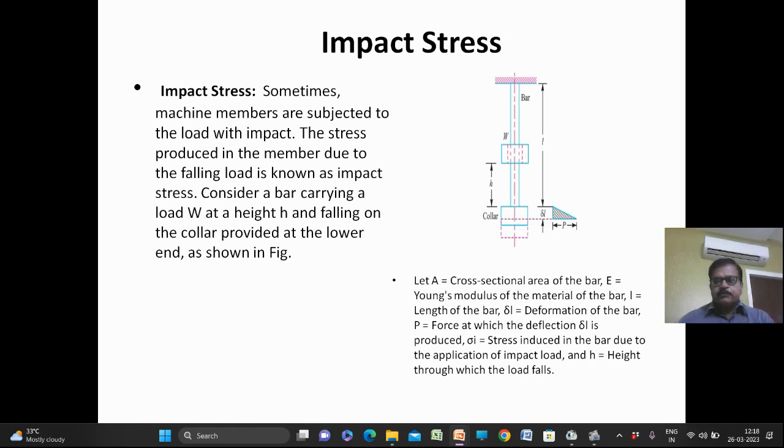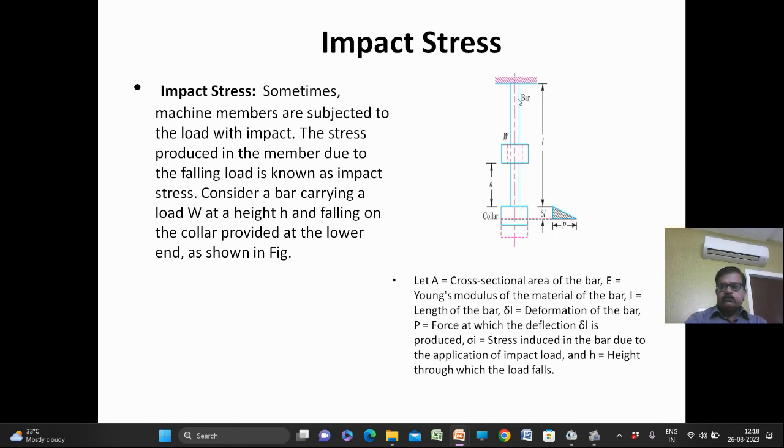There are several types of stresses, in which impact stress is the one where the member is subjected to a load falling from a certain height. Here in this diagram we can see that a load of W is falling from a height of, let us say, L onto a collar attached to this bar.